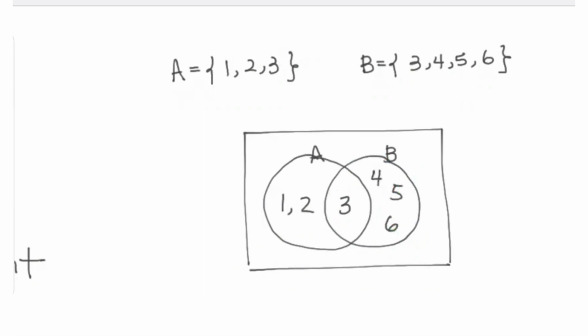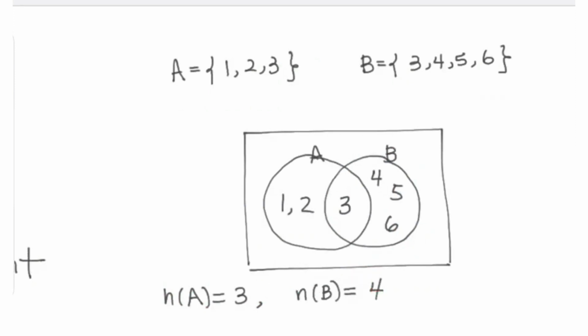So here is a question. What is the cardinal number of A? How many elements in set A? There are 3. What is the cardinal number of B? How many elements in set B? There are 4. Agree?